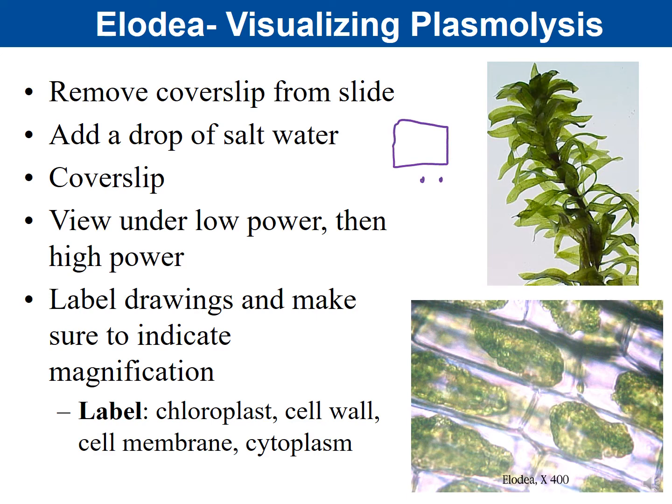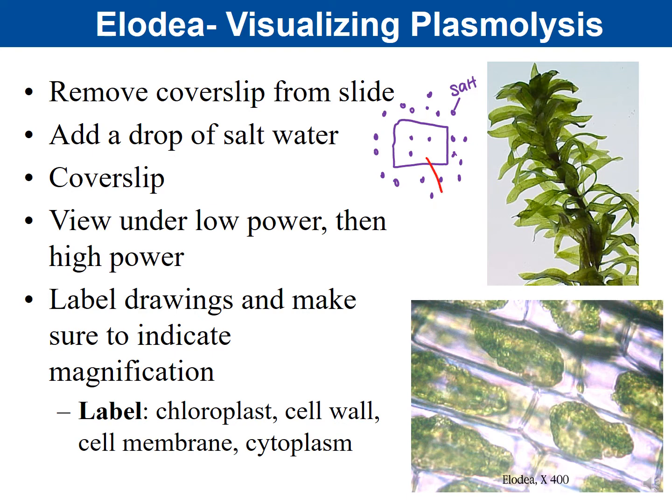So what's going to happen is we have a lot more salt outside. So the purples are salt. We have a lot more salt outside relative to the inside. And so what that means is that we have more free water inside.